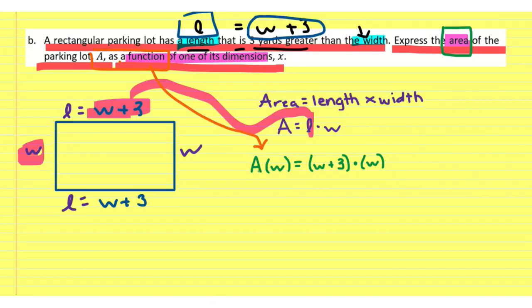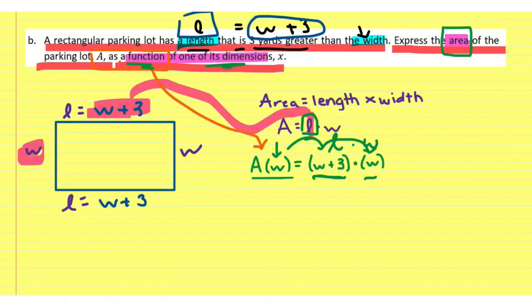I can refer to this as the area function. And the area function is based on the width because the only variable, that one dimension that I'm using, is just the width. So I can rewrite that as the area function. The area function is equal to the expression for the length. There's the length, but I'm using the expression for it, which is W plus 3 times the W. So this is still the length times the width. We're just using the expression for the length.